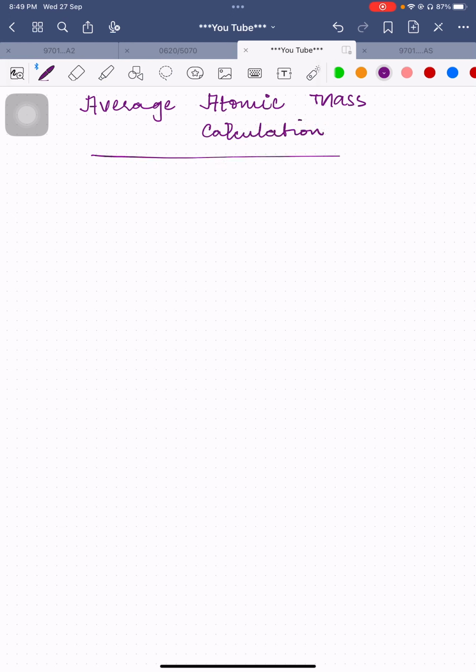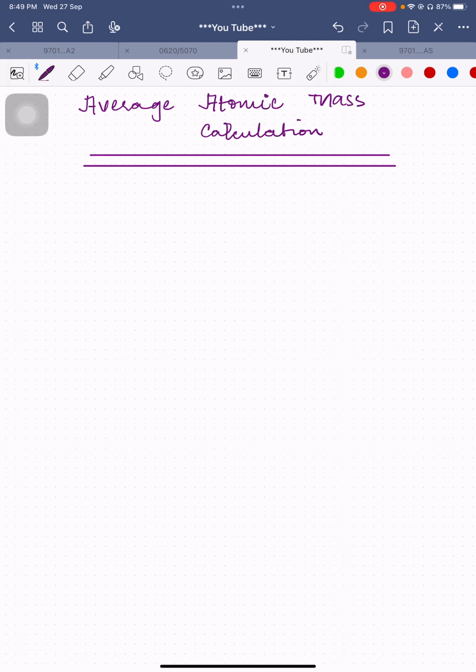So here I'm writing the heading: average atomic mass calculation. How can we calculate the average atomic mass?